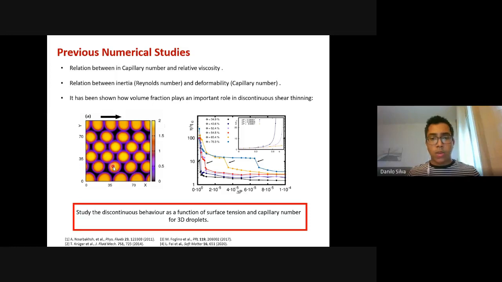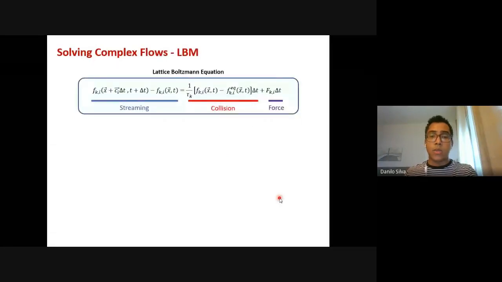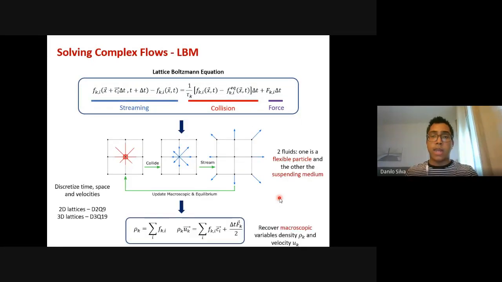So we want to study the flexibility, looking at parameters like the surface tension and the capillary number. But we now want to go a step up and look at 3D systems, looking at 3D droplets. We can use the Lattice Boltzmann method, where, since we want to simulate a system with particles, we represent one fluid for the flexible particle and a different fluid for the other medium.